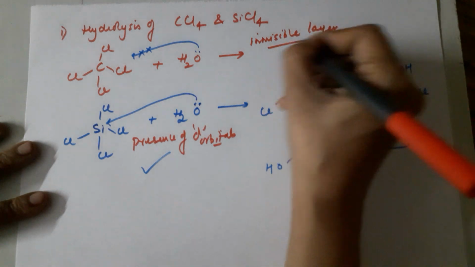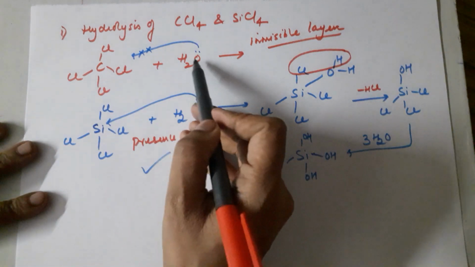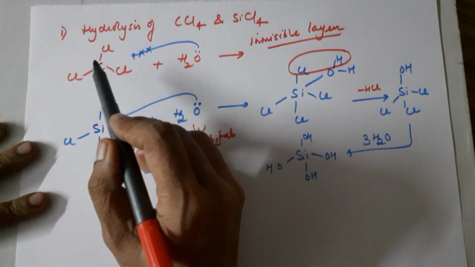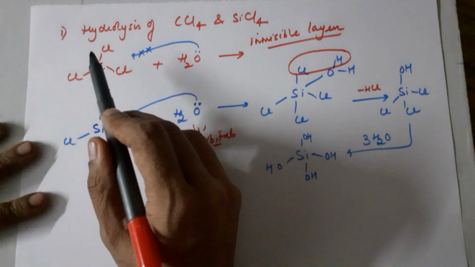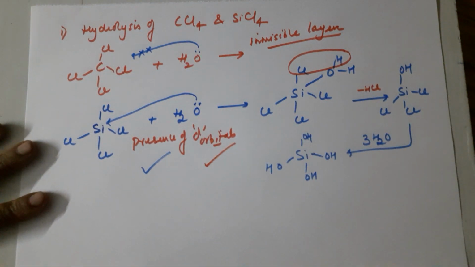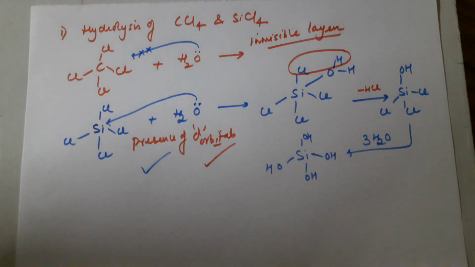They don't mix into each other. There are immiscible layers if you mix water and CCl4. The reason is water does not react with CCl4 because there is absence of d orbital where the water can coordinate, while this can do so due to the presence of d orbitals.